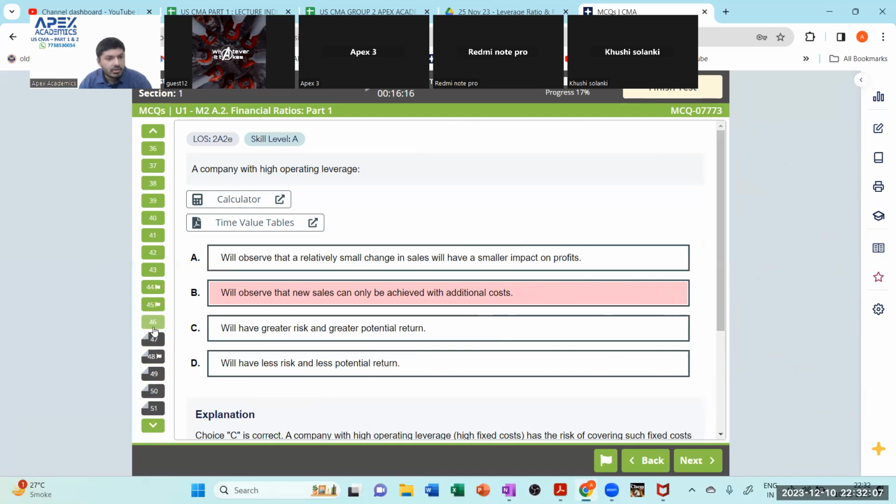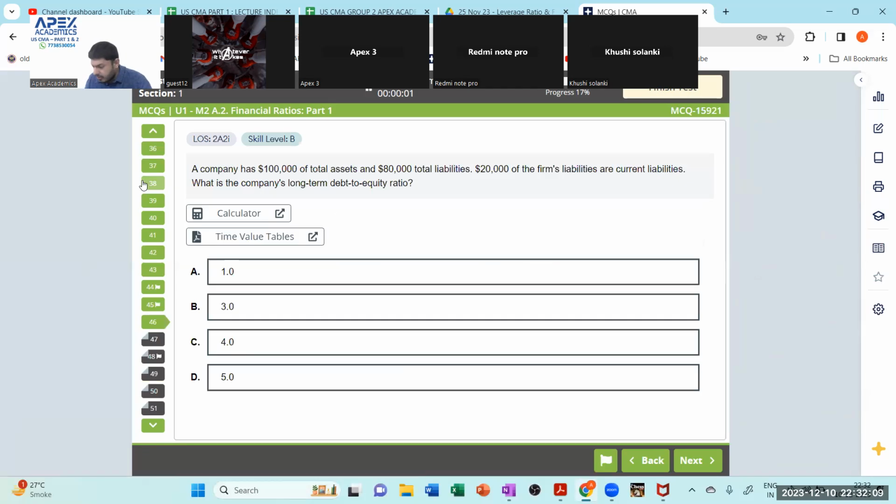Now, question number, I believe 46. A company has $1 lakh of total assets and $80,000 of total liabilities. And 20,000 of the liabilities are current liabilities.